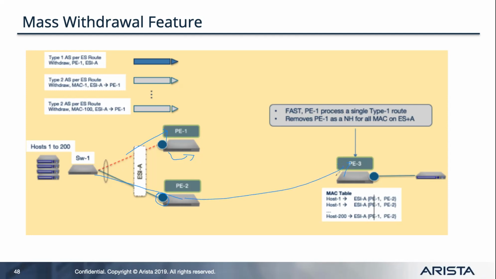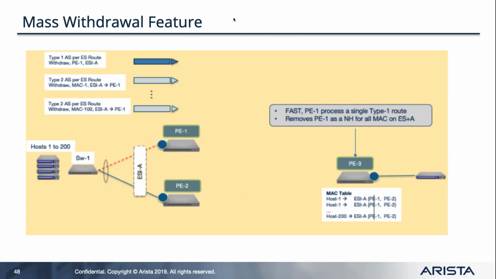Maybe it might be in some microseconds or some seconds, but exactly, I don't know. But one thing is sure, it will not immediately send the type 2 withdrawn route. It will send the type 1 withdraw route, but for type 2 it will wait for some time.